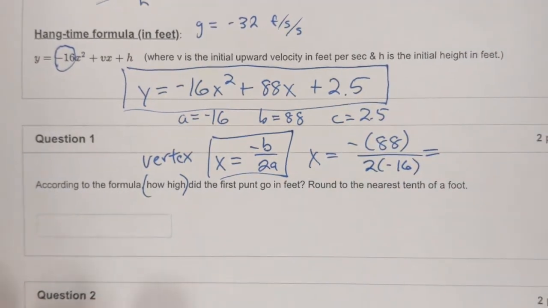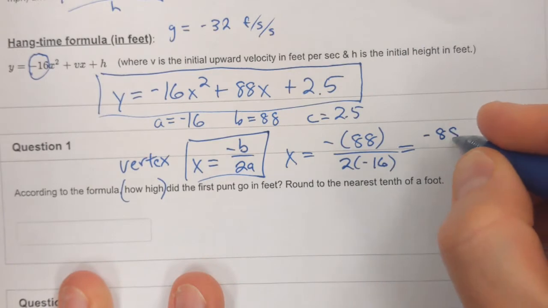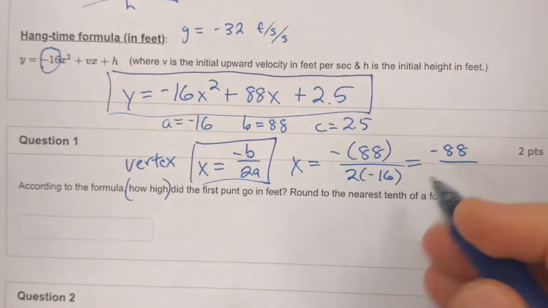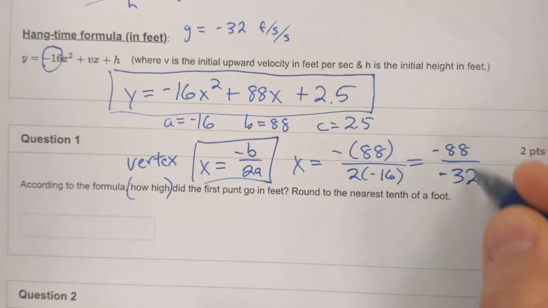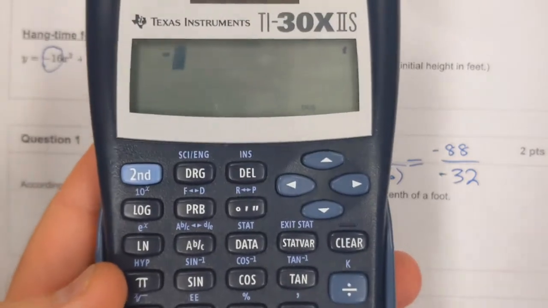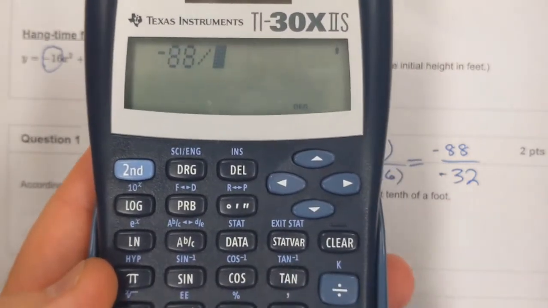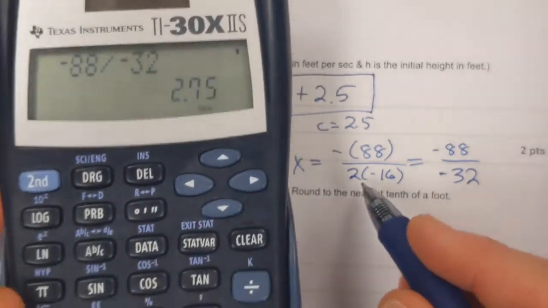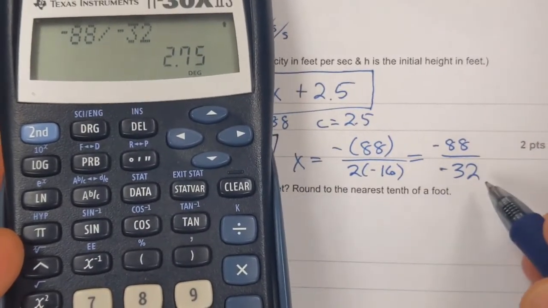Please, please, please promise me that on the vertex formula, you will always multiply this 2 times negative 16 before you attempt to divide. So I need to do negative 88 divided by negative 32. This multiplication has to come first before you try to divide.